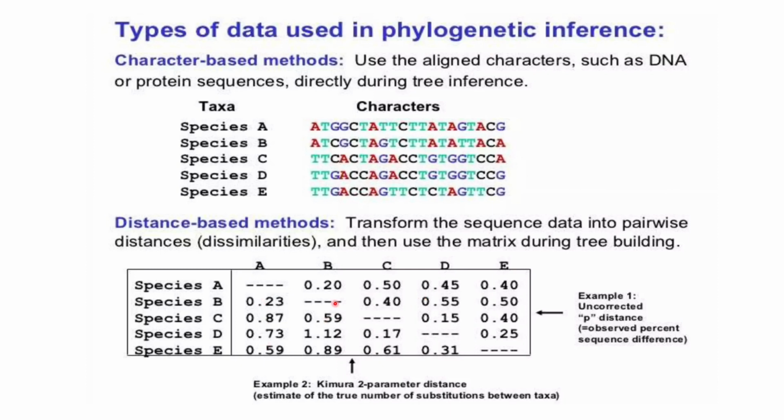They're transformed into pairwise distances, that is the measure of dissimilarities between two sequences, like the percentage of positions where the nucleotides don't match, which is given by the number. So this matrix is then used for building the tree.